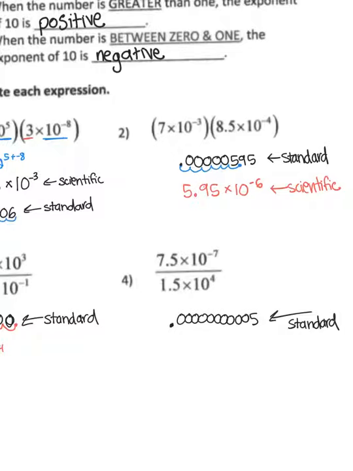So if I go to move my decimal, I'm going to move it 1, 2, 3, 4, 5, 6, 7, 8, 9, 10, 11 places to get that 5 out front. So I'm going to have 5 times 10, and now since my number is smaller than 1, between 0 and 1, I'm going to have a negative exponent. And that is my scientific notation.